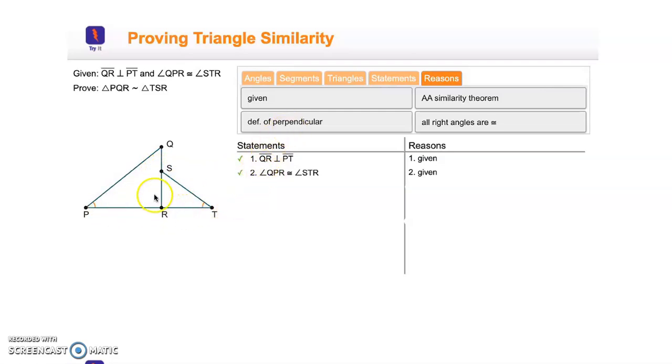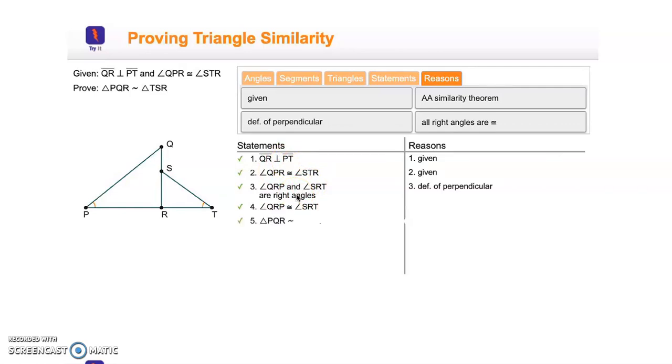So the next thing we want to look at is, because these are perpendicular, what do we know about SRT and QRT? Well, we know that they are right angles. And the reason we know that is because they're perpendicular. So we know they're perpendicular, and now we can say they're right angles. Well, what do you know about right angles?